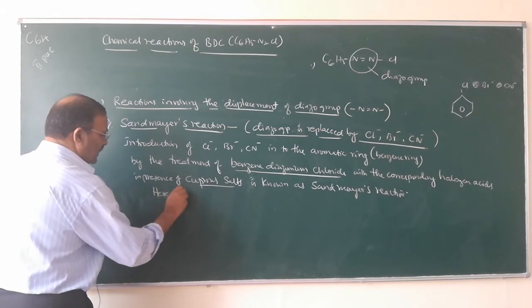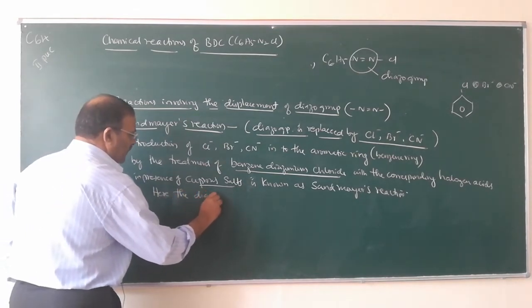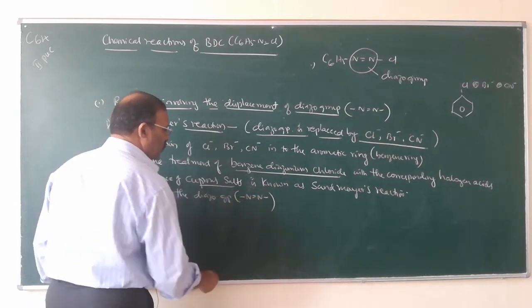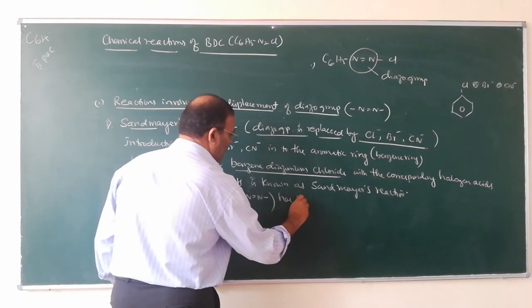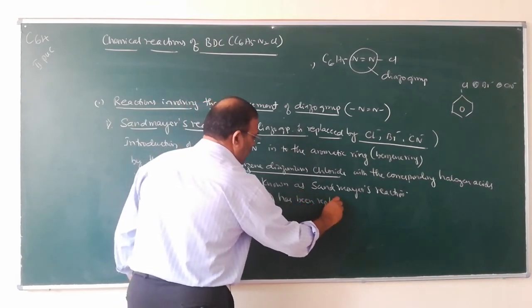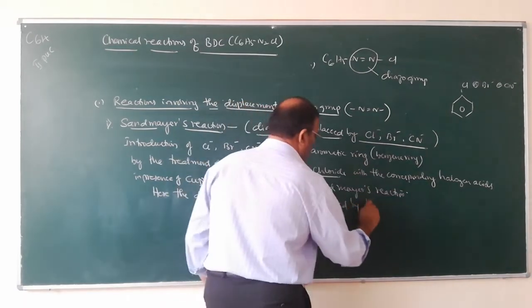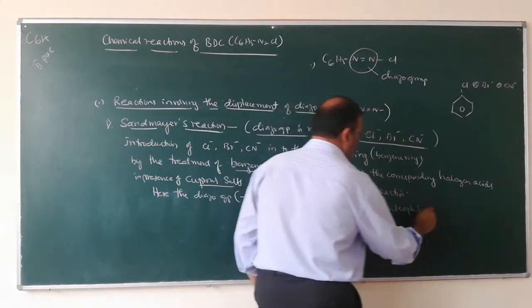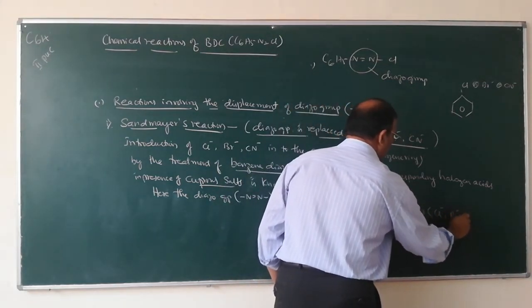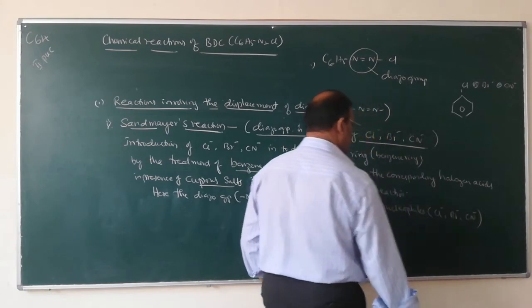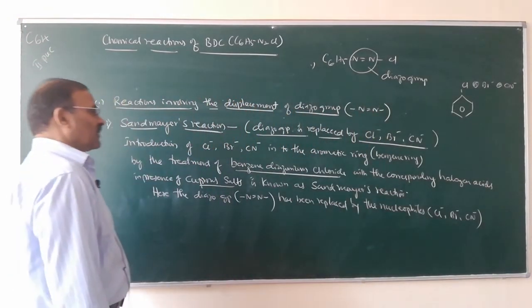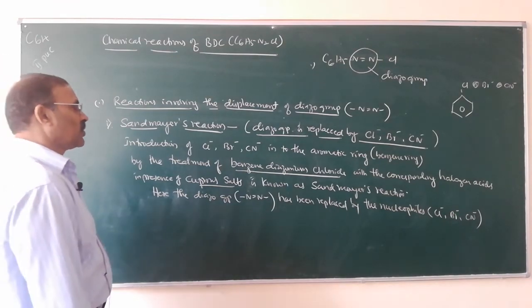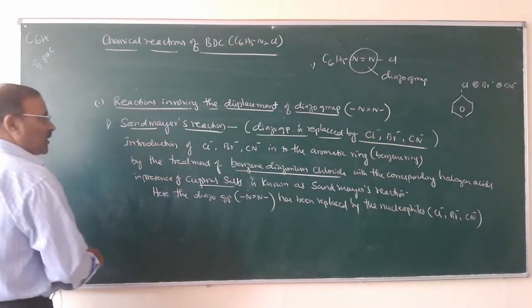Here the diazo group, that is the N double bond N group, has been replaced by the nucleophiles, that is Cl minus, Br minus, CN minus.